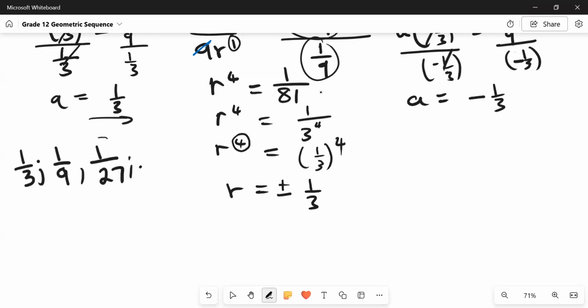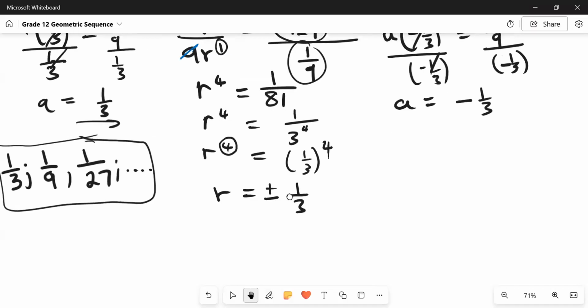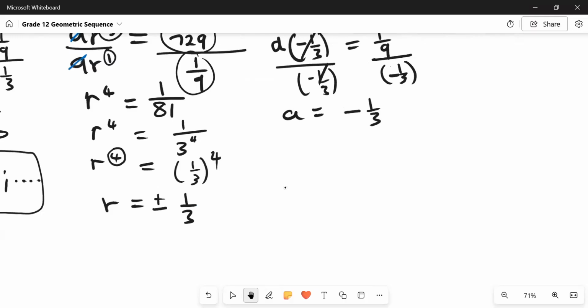This is your pattern if r is 1 over 3 and a is 1 over 3. For the other one, you have negative 1 over 3 multiplied by negative 1 over 3, because your r is negative 1 over 3, and you get positive 1 over 9.